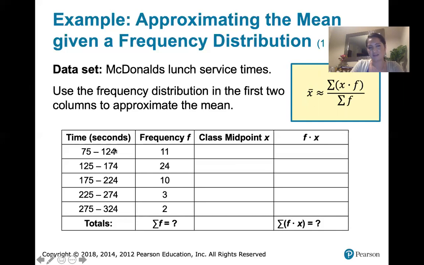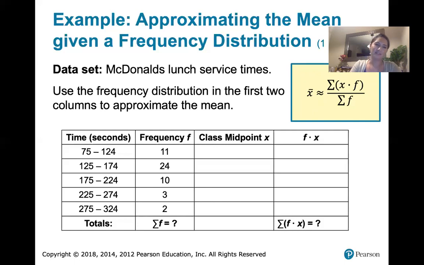So what we do instead is we say, I don't know what those 11 values were, but I will replace them with the class midpoint and say those 11 values are probably, on average, equal to the class midpoint. They are about the average, or the arithmetic mean, of 75 and 124 seconds. So we can calculate that class midpoint and use that as a stand-in replacement for the actual values themselves.